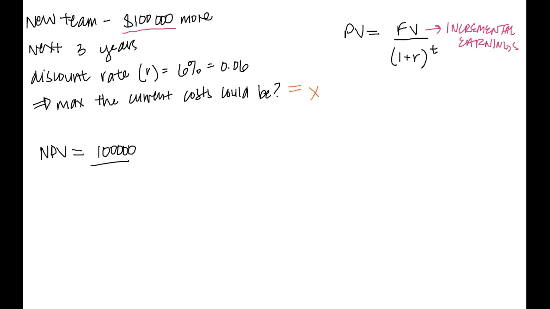So we have the incremental earnings in the numerator, and then we have 1 plus R. This becomes 1.06, and that gets raised to the first power for the first year.